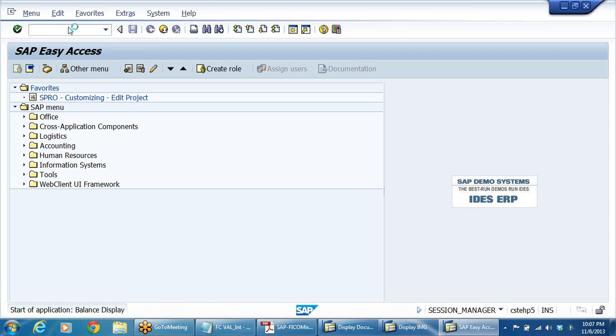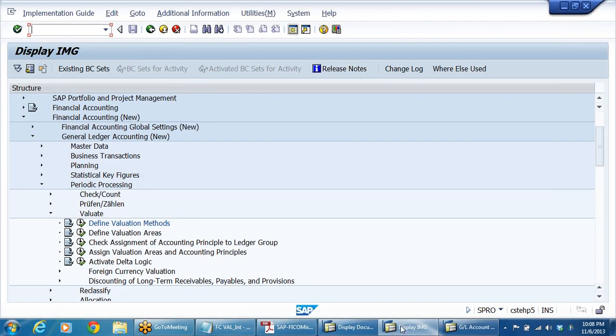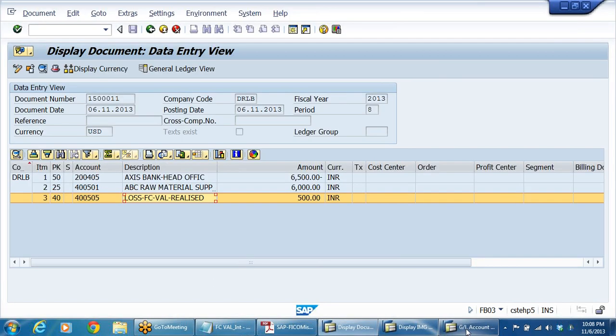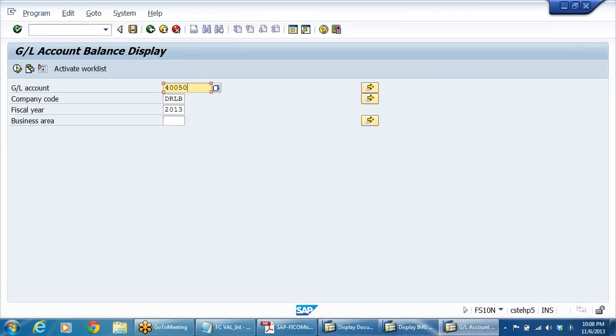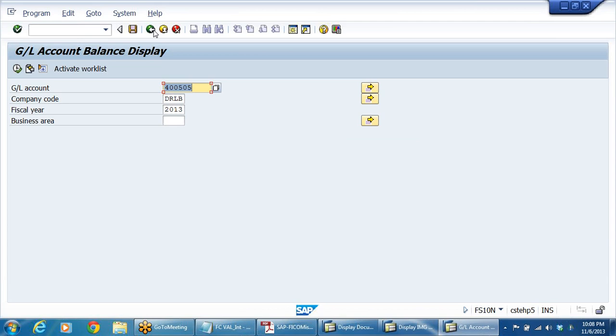FS10N. 400. 505. So ultimately debit balance, this one, loss on foreign currency valuation realized. This will go to P&L account, right?